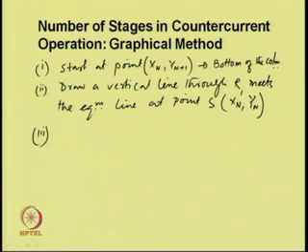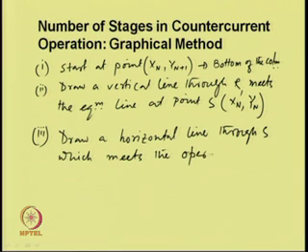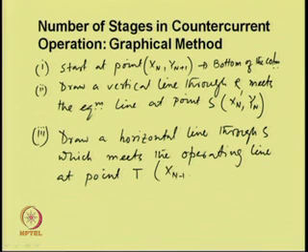Now, the third step is to draw a horizontal line through S which meets the operating line at point T, which is x n minus 1, y n.